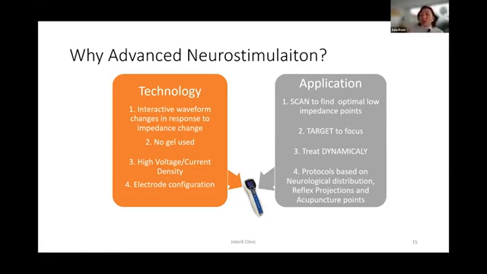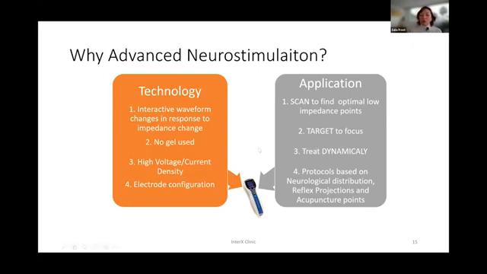When we use it directly on bare skin, we can scan and find the optimal impedance point, okay? So this is the key. No gel is used and immediately we can scan. We can measure this impedance when we place the device, find the low impedance points, and we target them and we get clinical resolution.